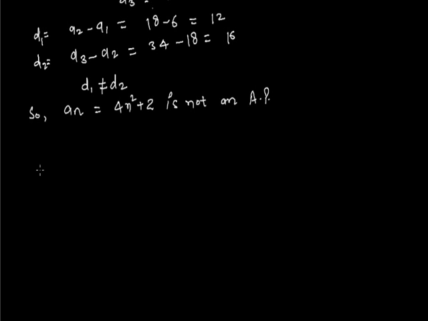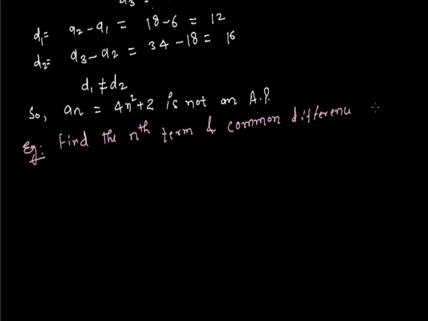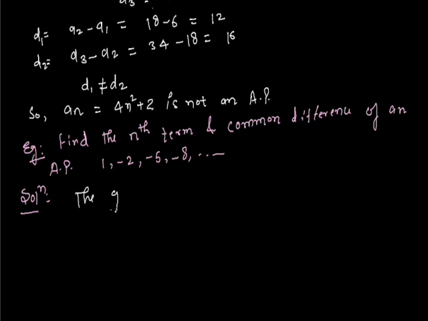Now let us take another example: find the nth term and common difference of the AP 1, minus 2, minus 5, minus 8, and so on. The given AP is 1, minus 2, minus 5, minus 8.